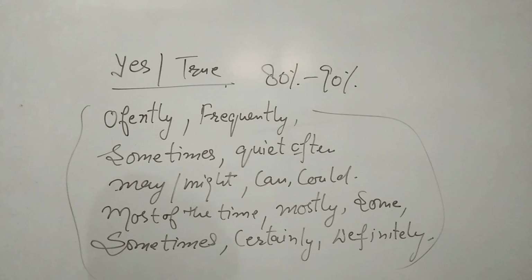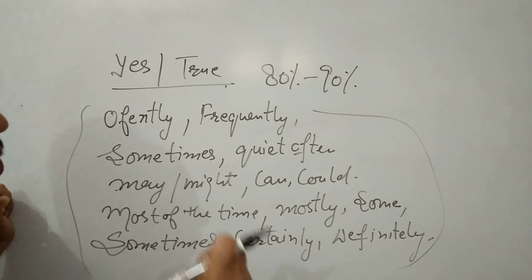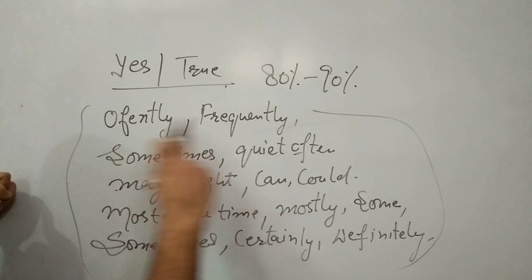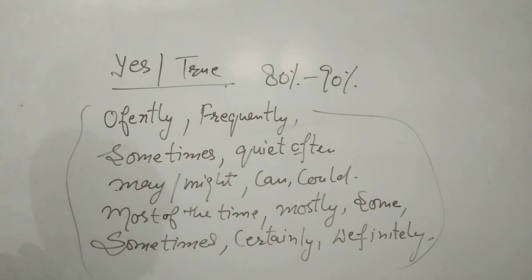I'm not going to tell you that it's 100%, because sometimes there might be changes, but I already told you that such tricks can be applied when we are running out of time. So if you find such words, you can go for true or yes, depending upon the type of question.